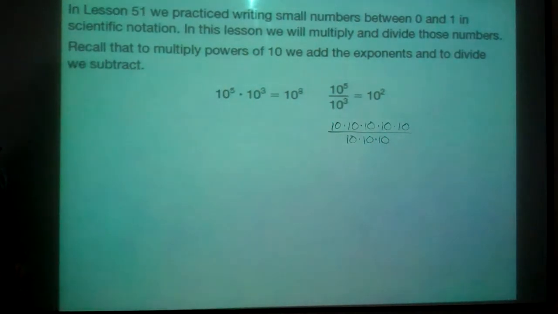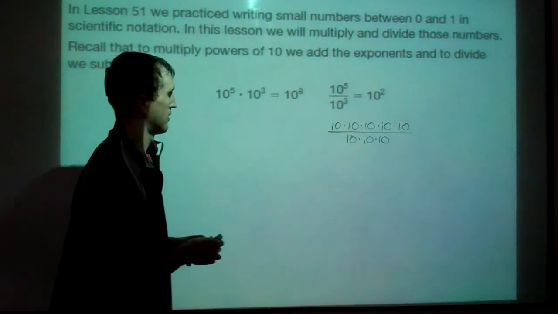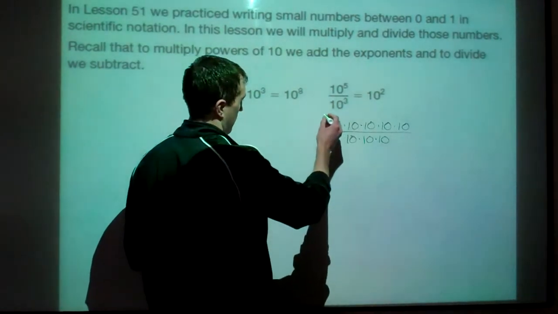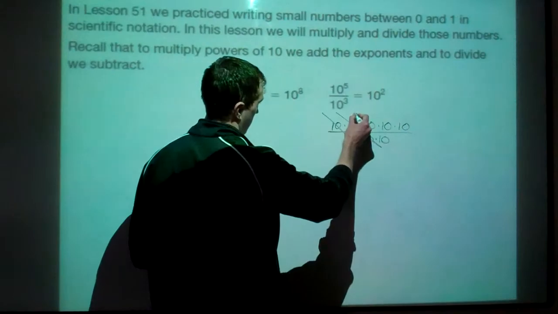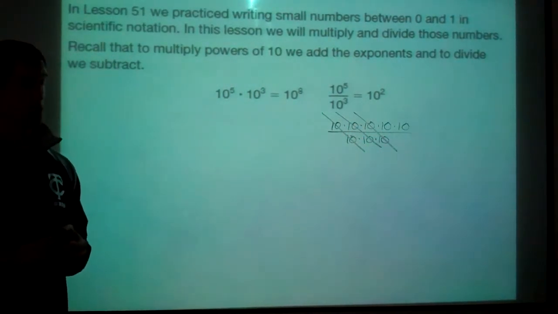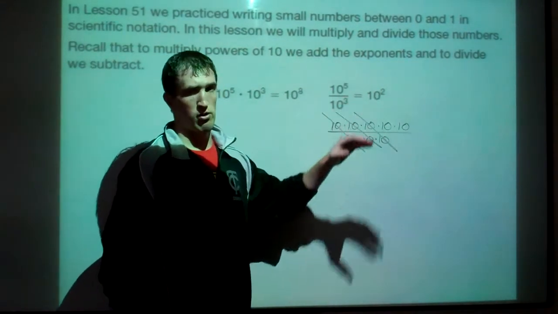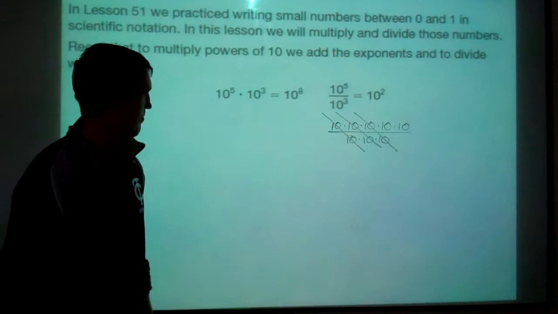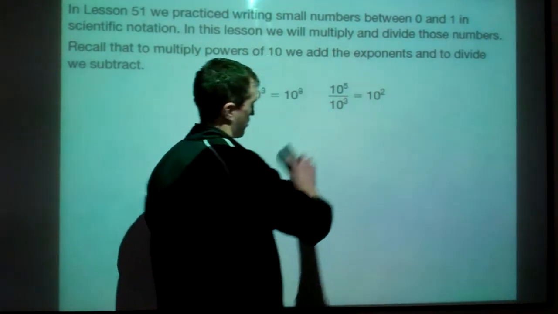Everything's being multiplied on top, everything's being multiplied on bottom, which means we can start doing some canceling. This 10 and this 10, this 10 and this 10, and this 10 and this 10 can cancel out. And you're left with two 10s on top being multiplied. That is 10 to the 2nd power, which is 100. Alright, so that's why those things work out, just to review that.